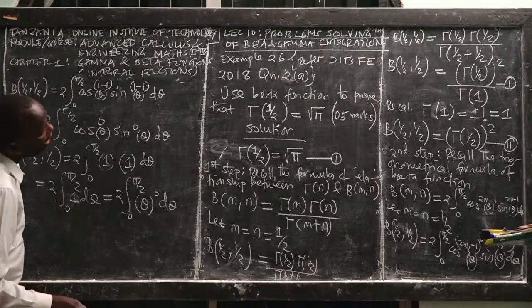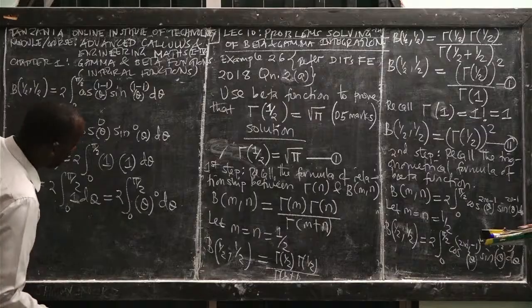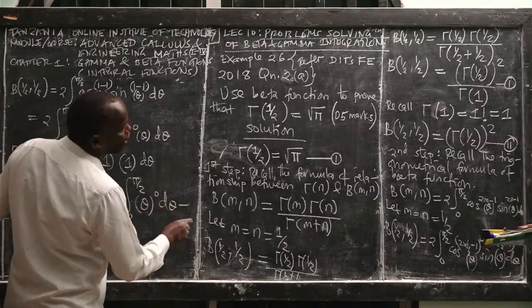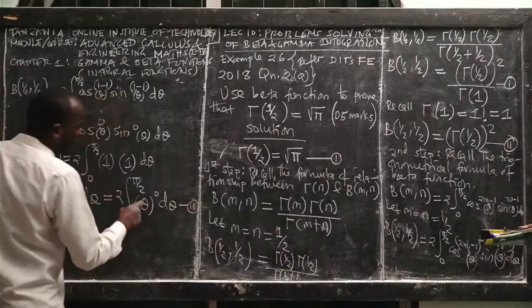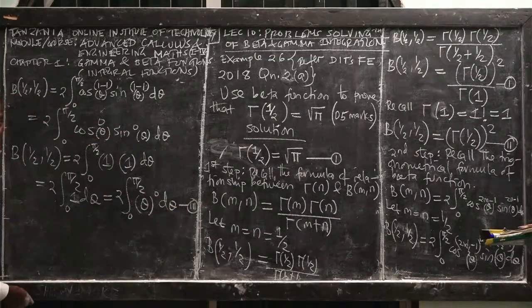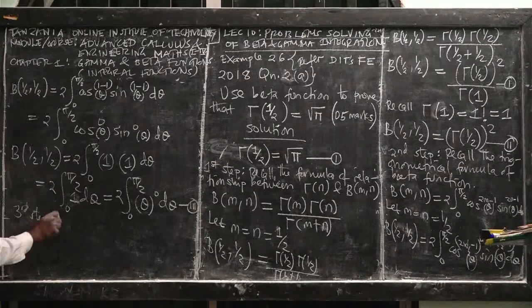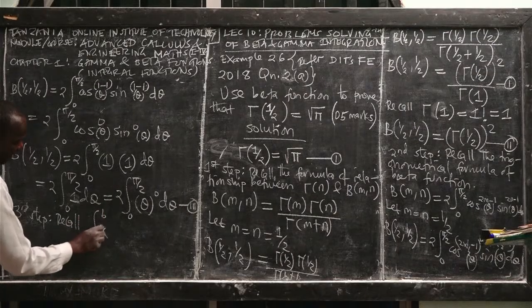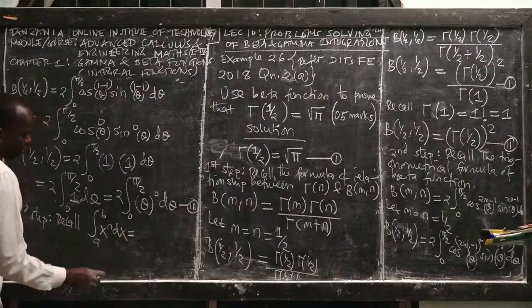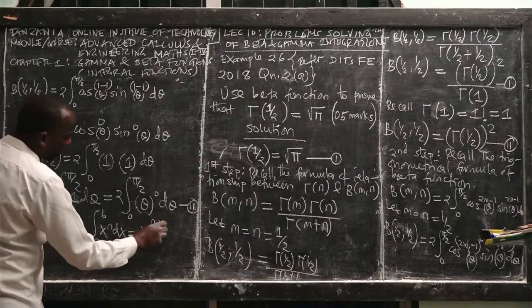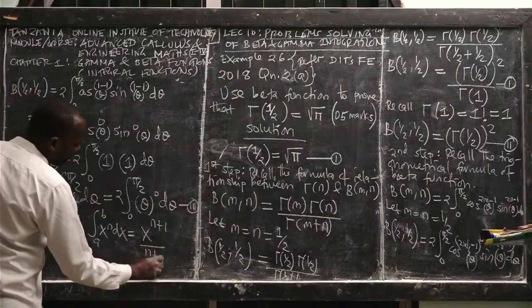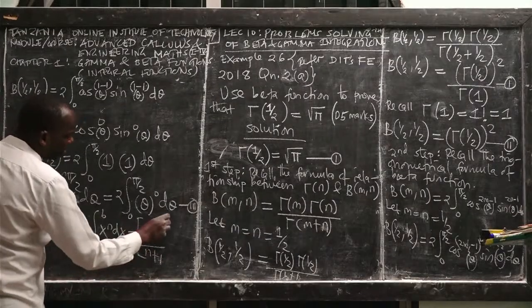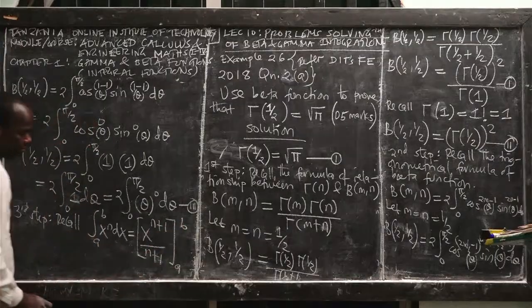So this will be our equation 3. Theta power 0 is 1, so we have removed it from the theta form. So third step: recall that the integral from a to b of x power n dx is equal to x power n plus 1 over n plus 1, from a to b.